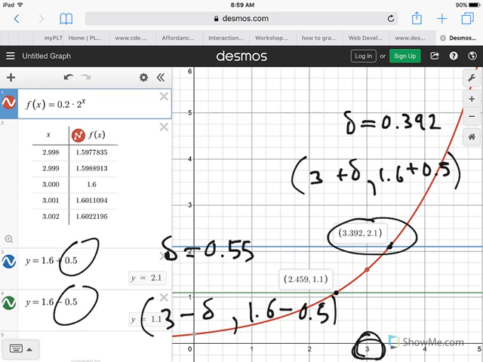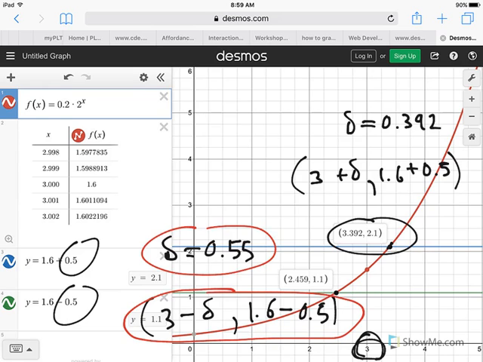So the problem with choosing the left point to find delta is you'll find a value of delta and you would not meet the requirements from the definition of limit, because if you're saying as long as input values are within 0.55 units of 3, the output values will be within 0.5 units of 1.6.